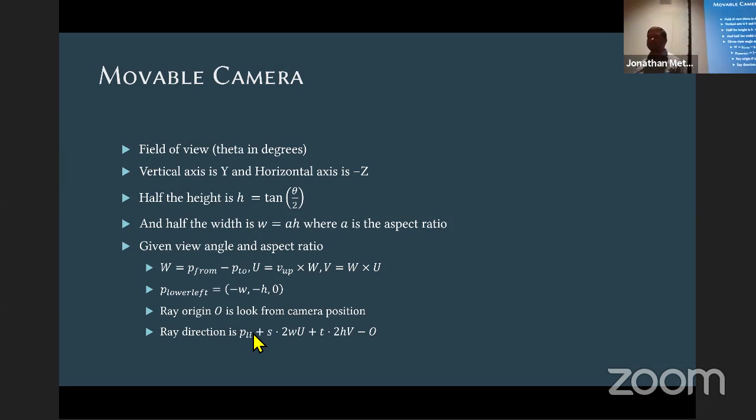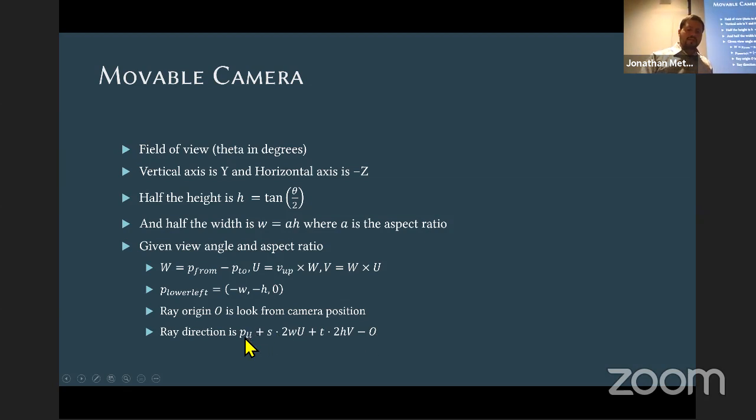Yes. Okay. Let's think about this. Let's hypothetically say that U is the direction pointing in the x-axis, V is the direction pointing in the y-axis. What will happen over here? So let's ignore U and V because they're going to be unit vectors. All right, so that's one thing. These W, U, and V are all unit vectors. If we start at the lower left, and let's just ignore U and V for right now and -O.